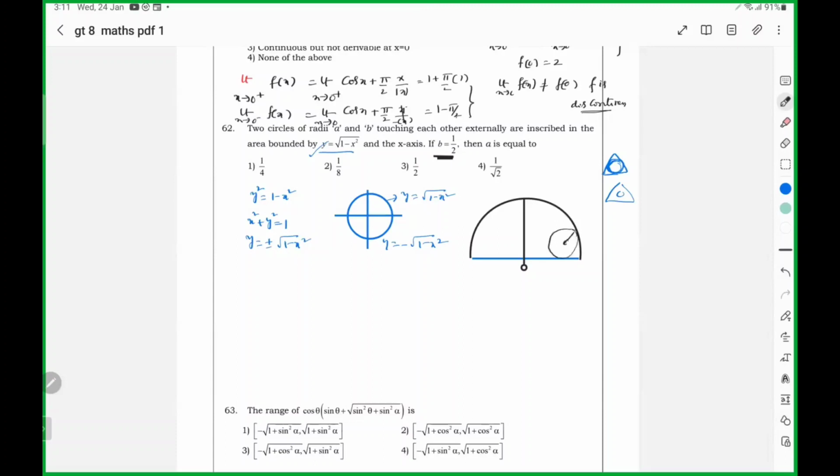Once here it is half, so this is 1, which is lesser than this. So you cannot inscribe a circle like this. That circle must be this.